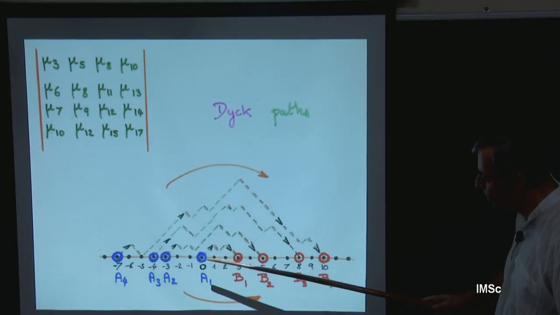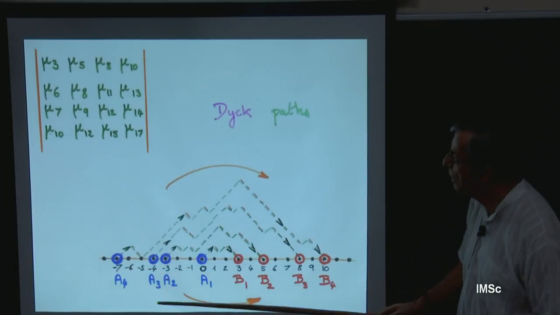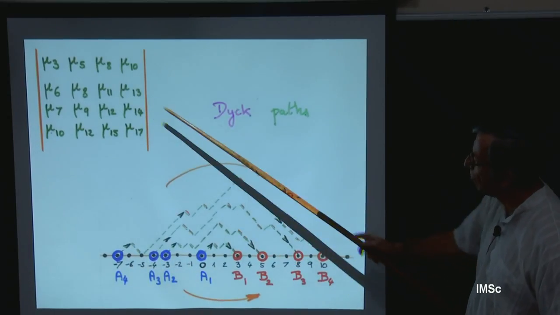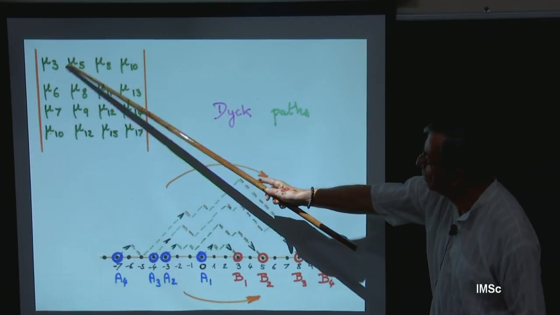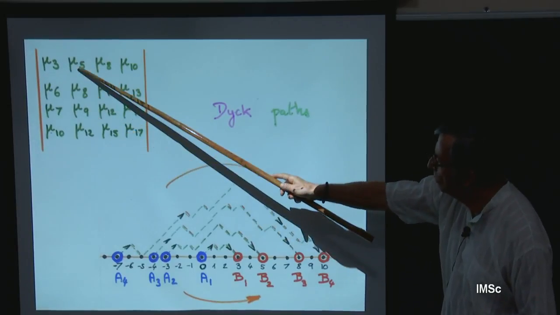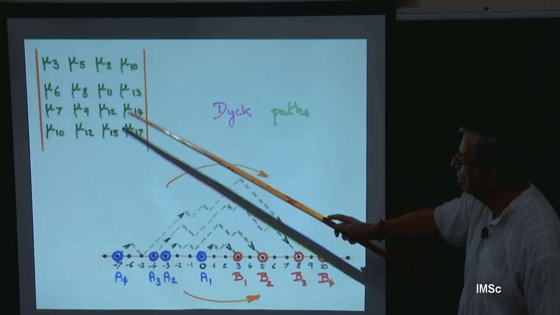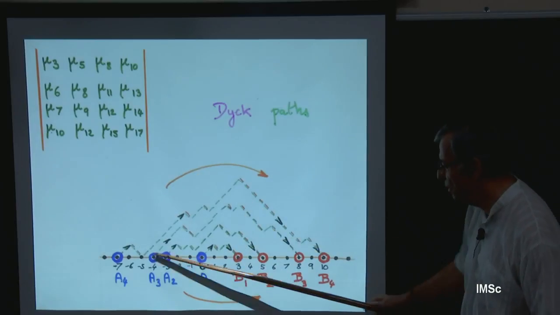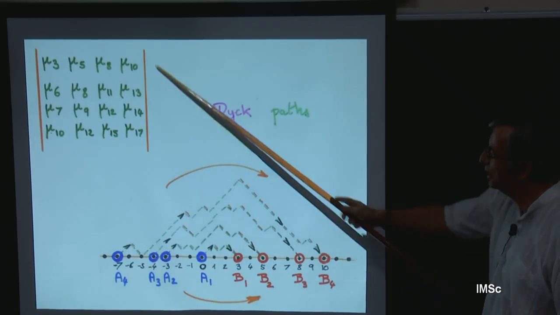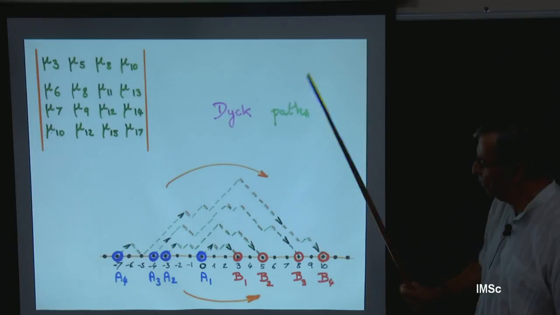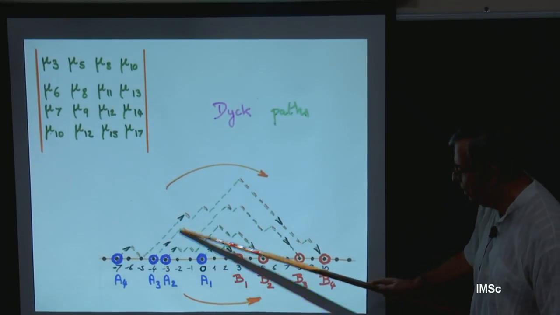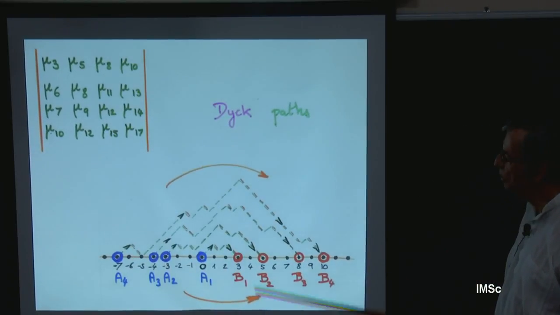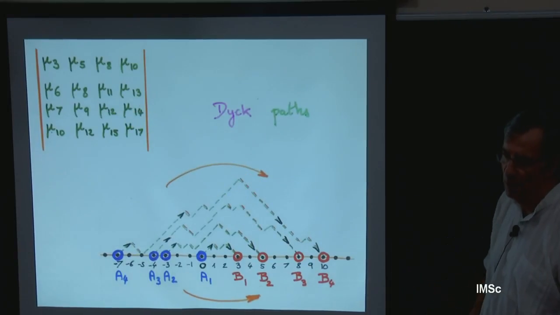So I have put the blue points in a certain way, and the red points in a certain way, so that the sum of the weight of the paths going from Ai to Bj is going to be exactly mu index i plus j.